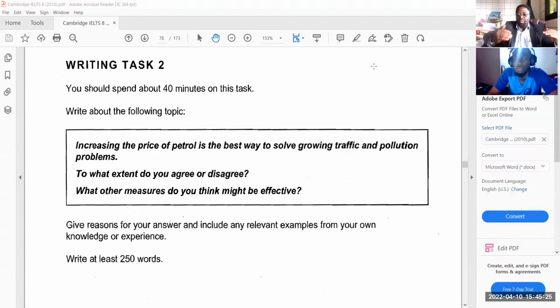I come now down. I now talk about pollution caused by manufacturing companies.